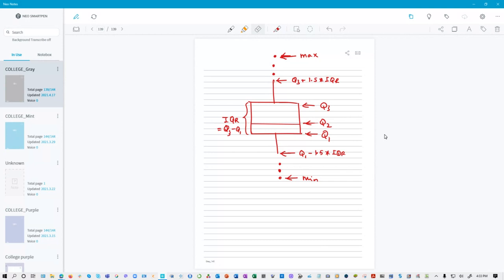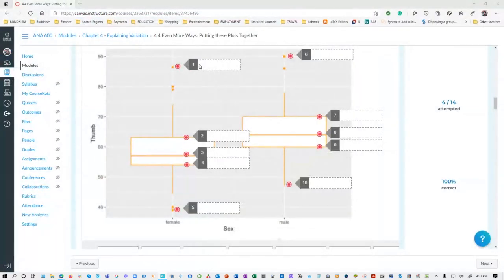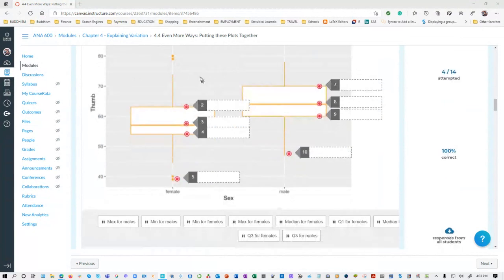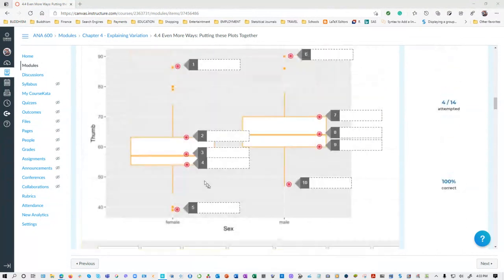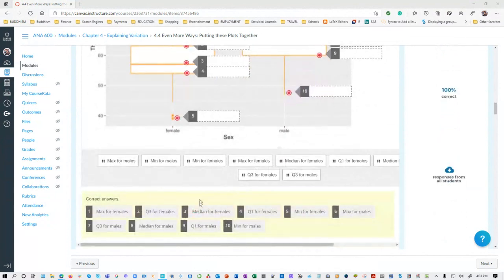When there are outliers, the maximum should be different. So this one is the max for females, this is Q3 for females, this is Q2, the median, for females, and Q1 for females, and this is the minimum.